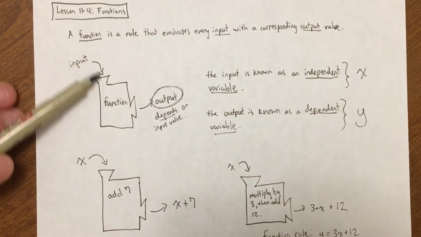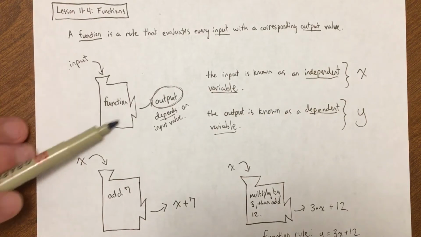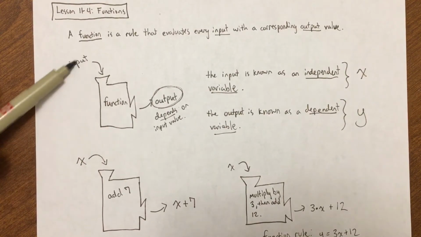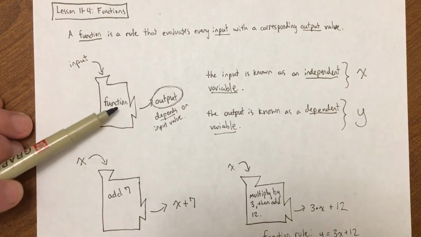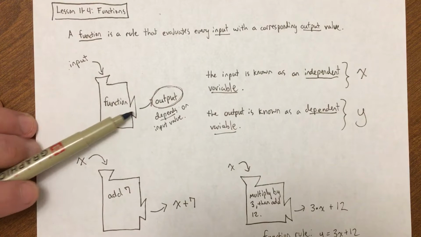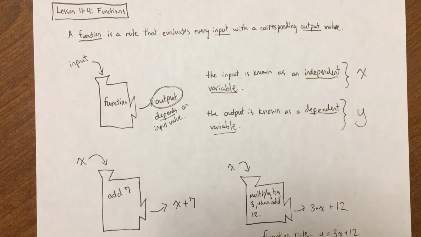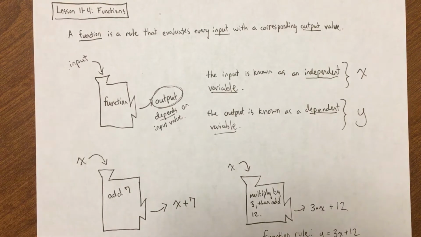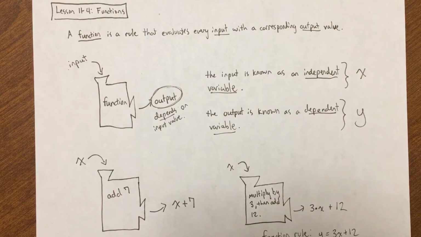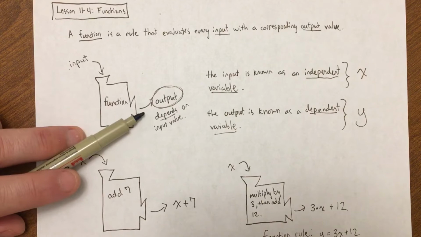So we've got something going into this machine, we call this our input, and then the function does something to that input, some type of operation or operations, it could be more than one, and then it spits out an output. And so that's just a little illustration I wanted to give you guys describing the behavior of how functions work.